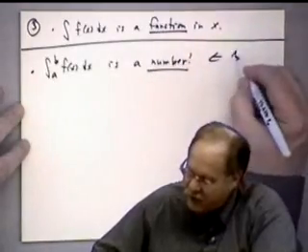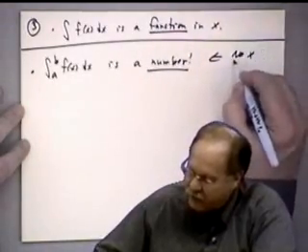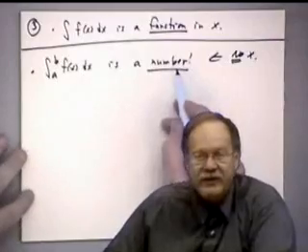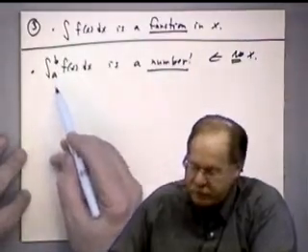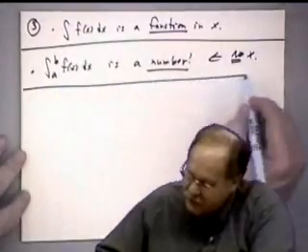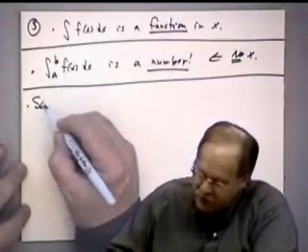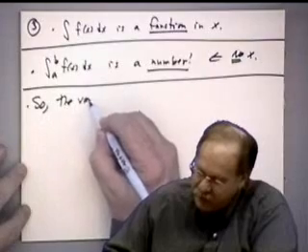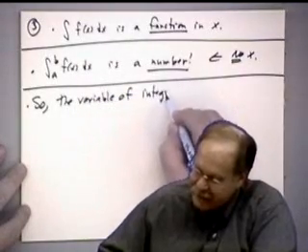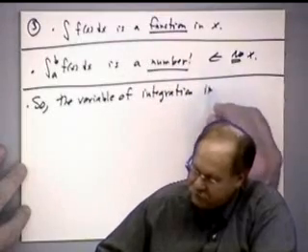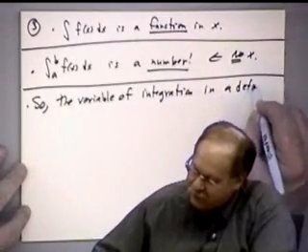And notice there is no x involved. The variable has disappeared because it's been substituted for by numbers, a and b. So what can we say as a result of that? The variable of integration in a definite integral doesn't matter.